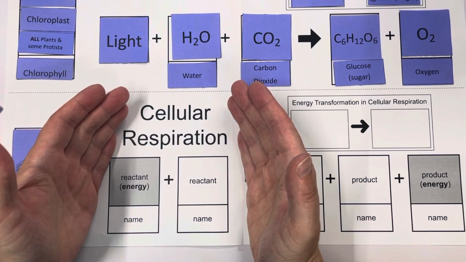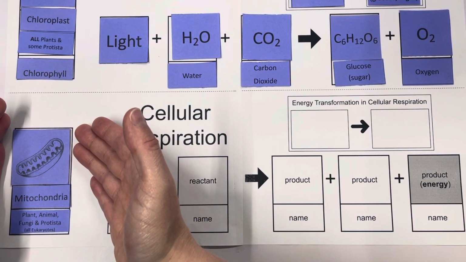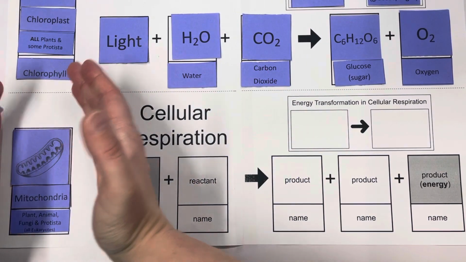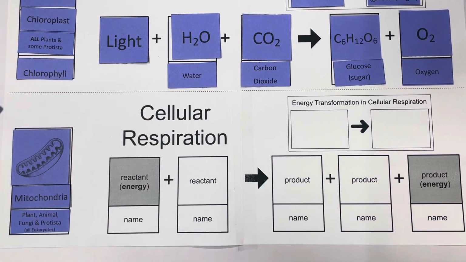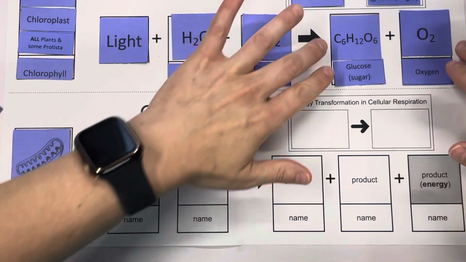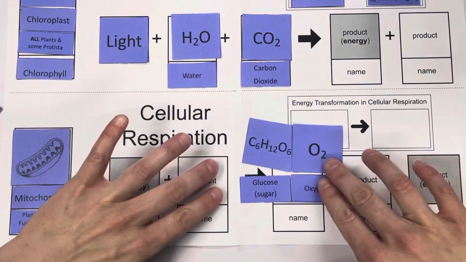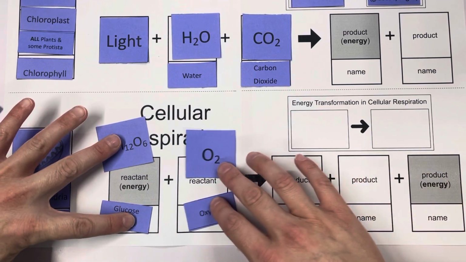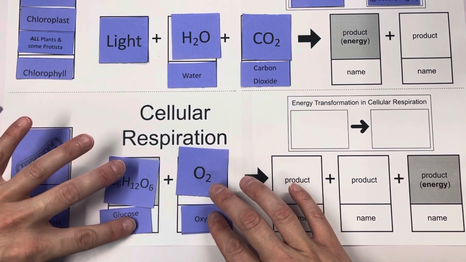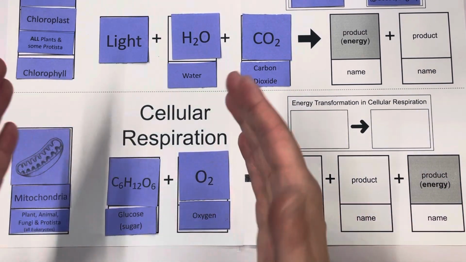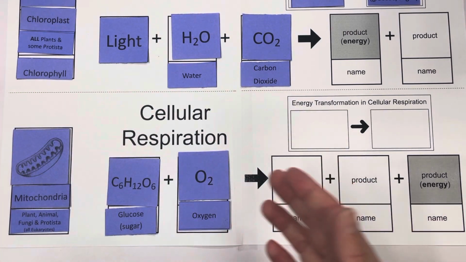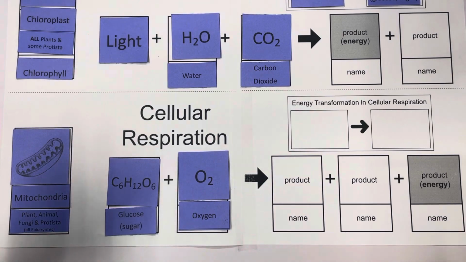What goes into the mighty mitochondria to do cellular respiration? What are the reactants? What are the chemicals that need to go into the mitochondria? Well, glucose, which has the energy, and oxygen. These are the two molecules that go into the mitochondria. And then products, what comes out of the mitochondria?